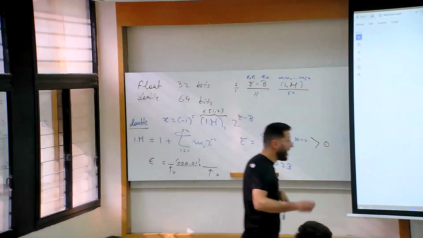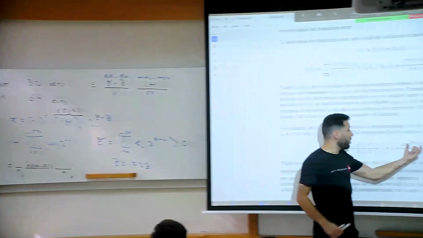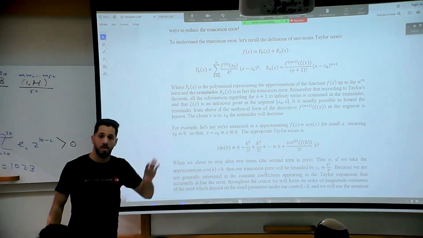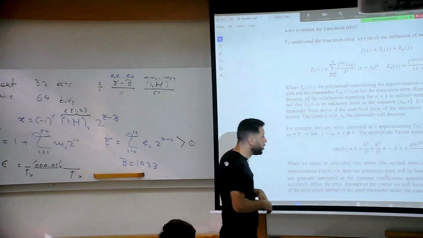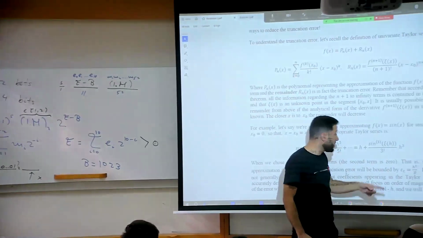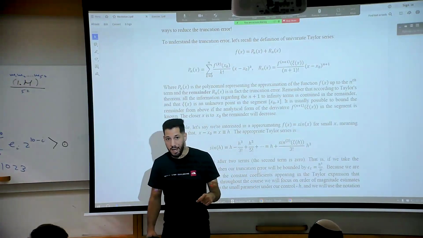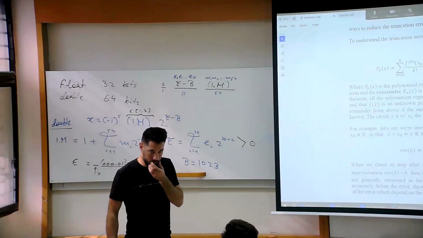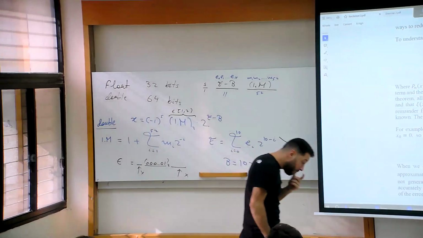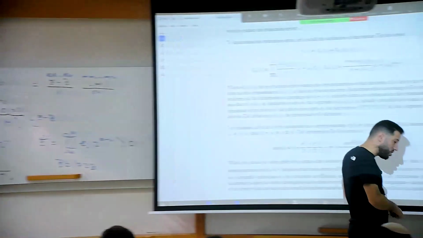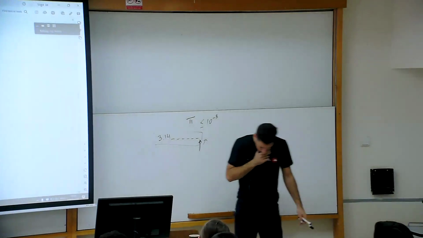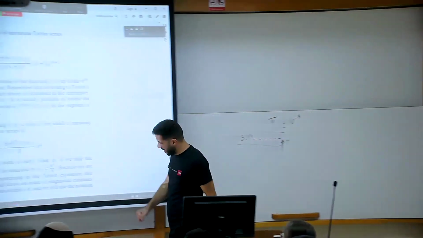Now we know that this number is, in its magnitude, smaller than 1, so the error in its magnitude is smaller than h cubed divided by 6. For large h, this is not so good. For example, let's take h to be 10.